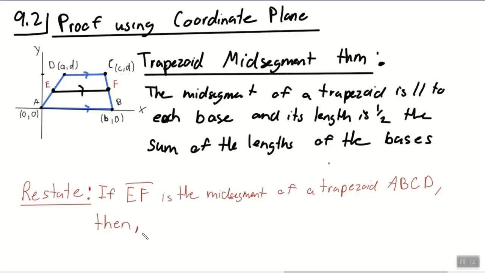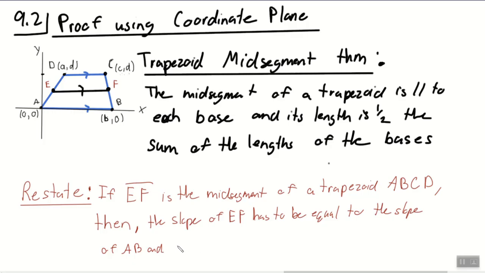Now, if things are parallel, they have to have the same what? Yep, thank you, Sonny. Same slope. Then the slope of EF, I like the word congruent, but I'm just going to use equal because we're not talking about sides, has to be equal to the slope of AB and CD.